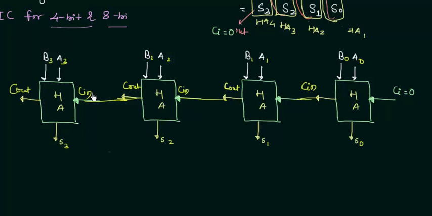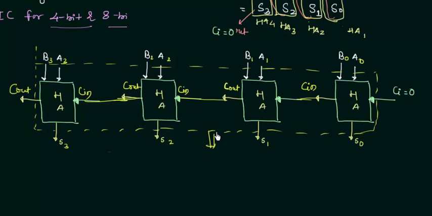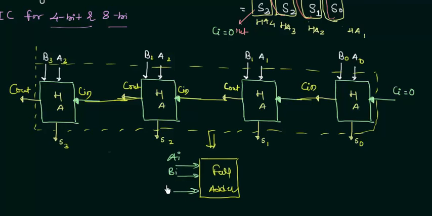So I think you now know how a full adder is made. If I put this circuit in a box, it can be drawn like this: a full adder with the inputs AI and BI, the two numbers that we want to add, the carry input CI minus 1, and the sum and the carry output.